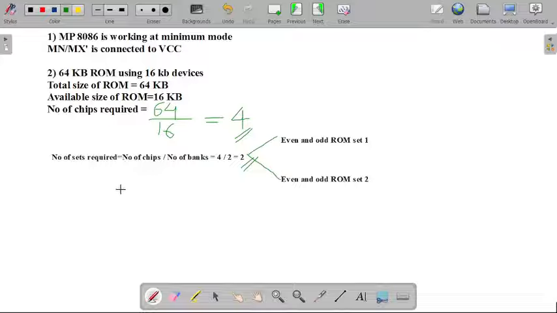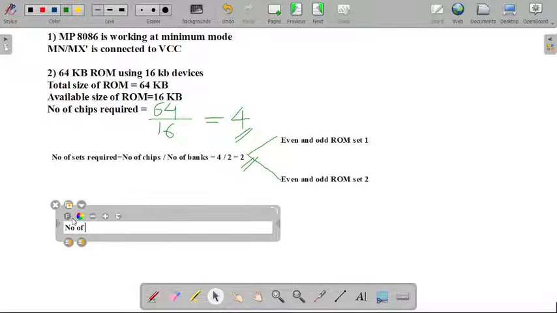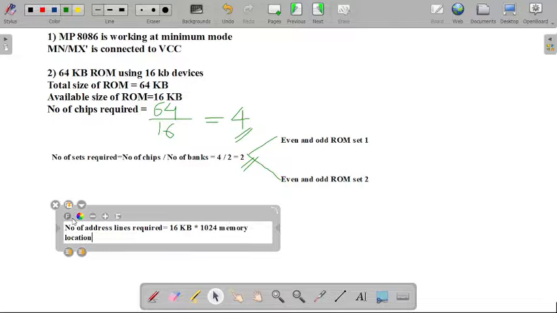Now next we have to identify the IC number and the number of address lines. How are we finding the number of address lines? First of all, write down here the number of address lines required. There is 16 KB of data, that is the size of the available ROM. So I am writing here 16 KB into 1024 memory locations, because 1 KB is equal to 1024 memory locations.